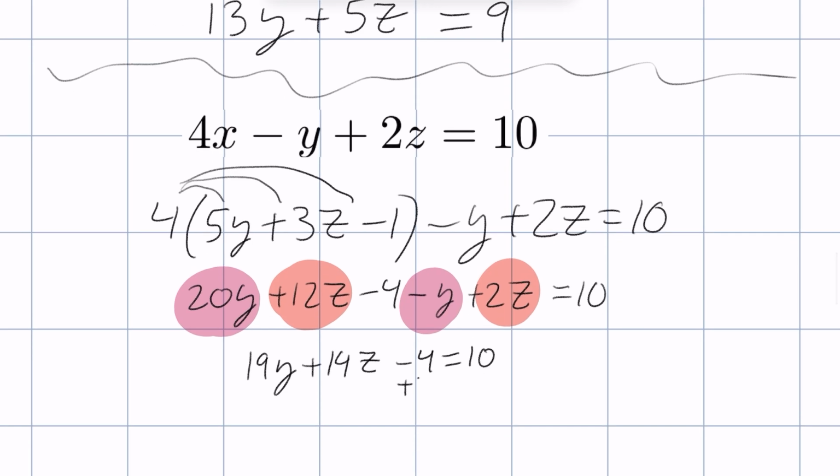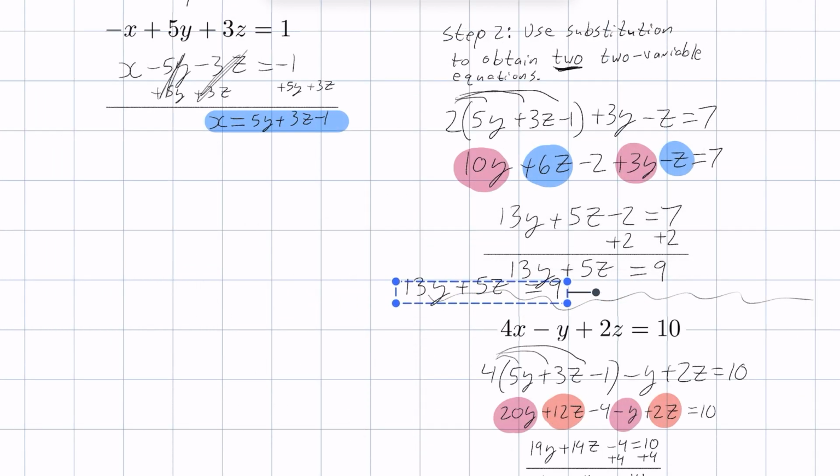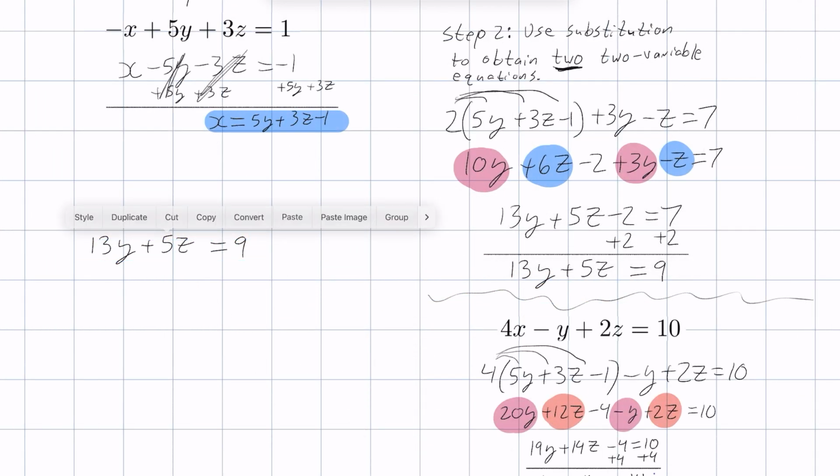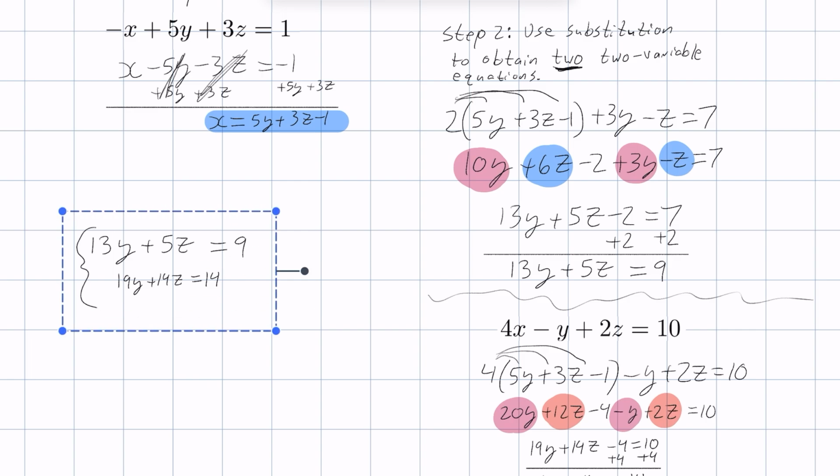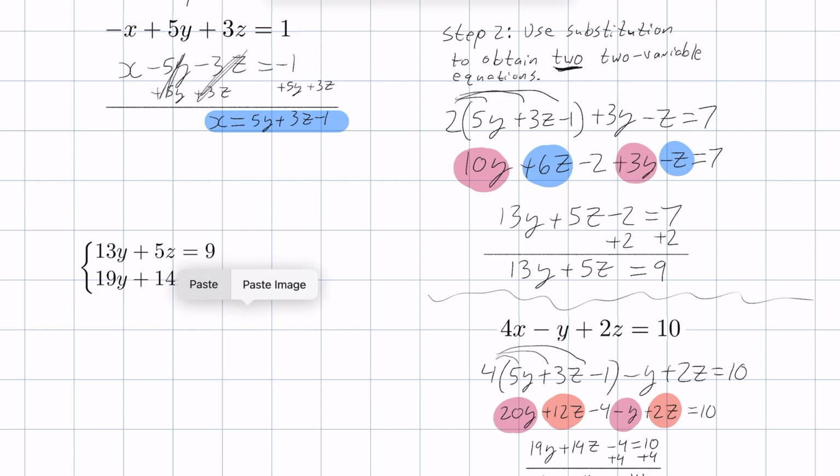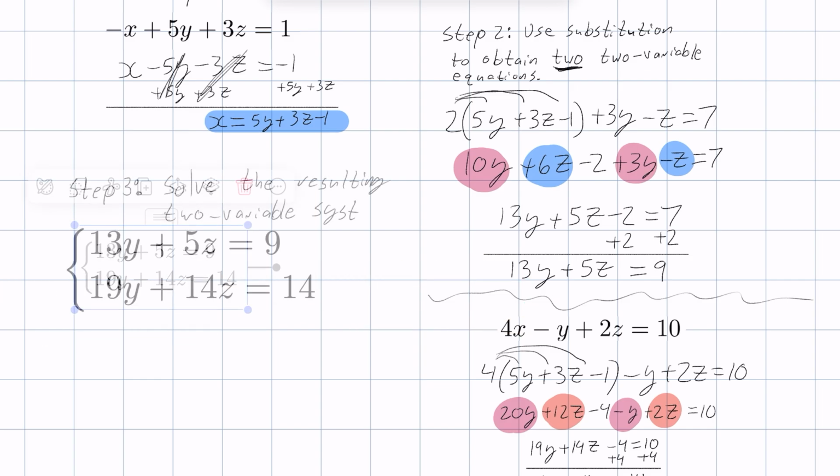Add the 4 to both sides. 19y plus 14z is equal to 14. Going to bring them over here for step 3. Because step 3 is to solve the system of two variable equations.